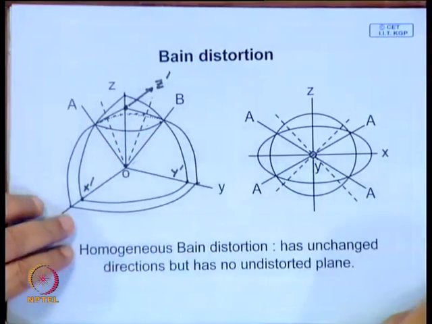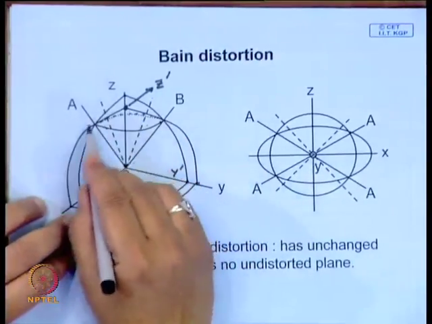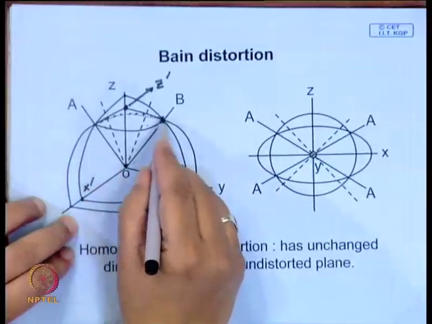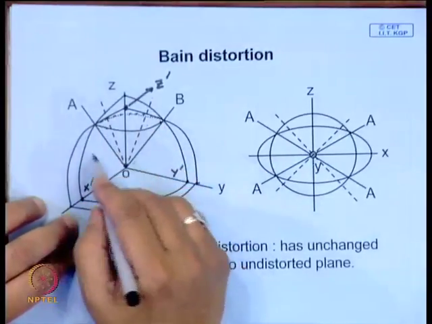Similarly, when twinning takes place, the part above the twin plane gets slightly tilted so that the top part becomes a mirror image of the bottom part. So, here also you will find the twin plane is undistorted, but everything perpendicular and other directions rotate. The same thing you find here: when you have a homogeneous deformation, you have only certain undistorted directions. You cannot think about an undistorted plane.